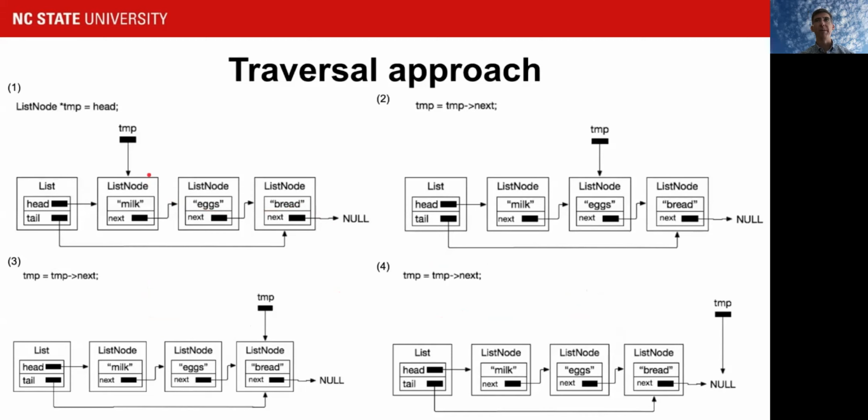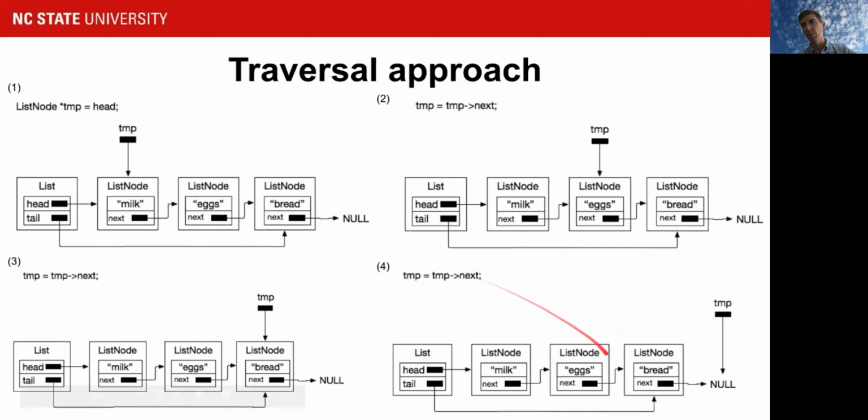I could execute this code multiple times. When I first set temp equal to head, it's pointing to milk. If I say temp equals temp next one time, I go to eggs, because I just follow the next pointer. Then if I say temp equals temp next again, this is the third step, I follow the next pointer from eggs to bread, and now temp is pointing to bread.